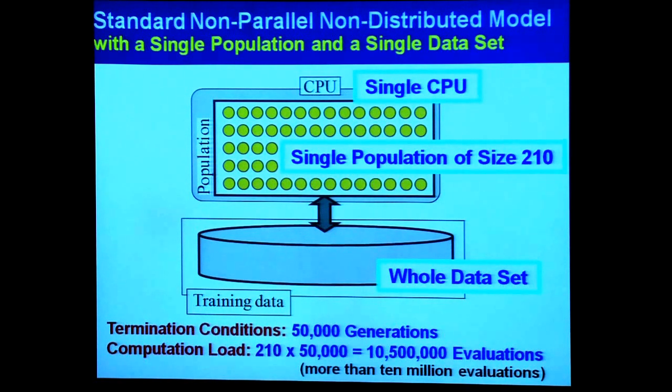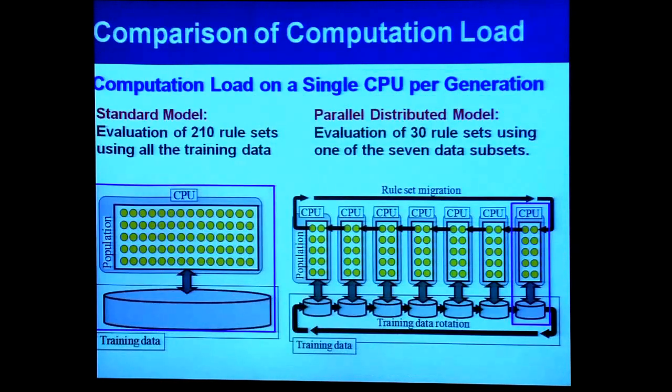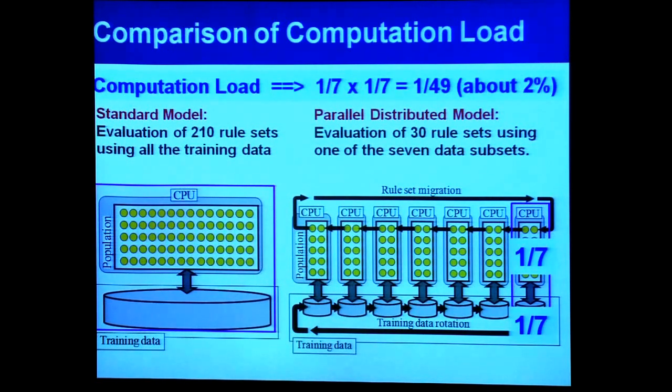That's the total number of evaluations: more than 10 million evaluations, a lot of time. And we applied these two models, standard model and parallel distributed model, and computation load will be about 2%.